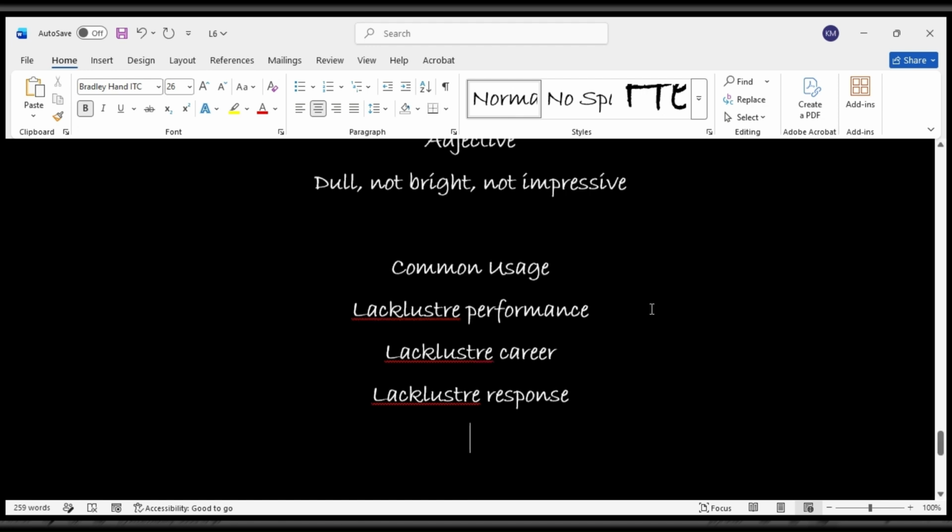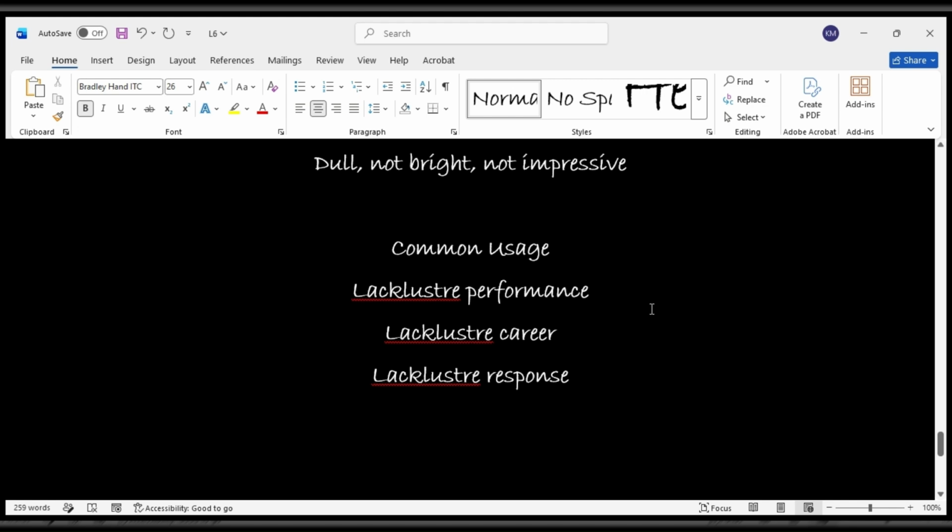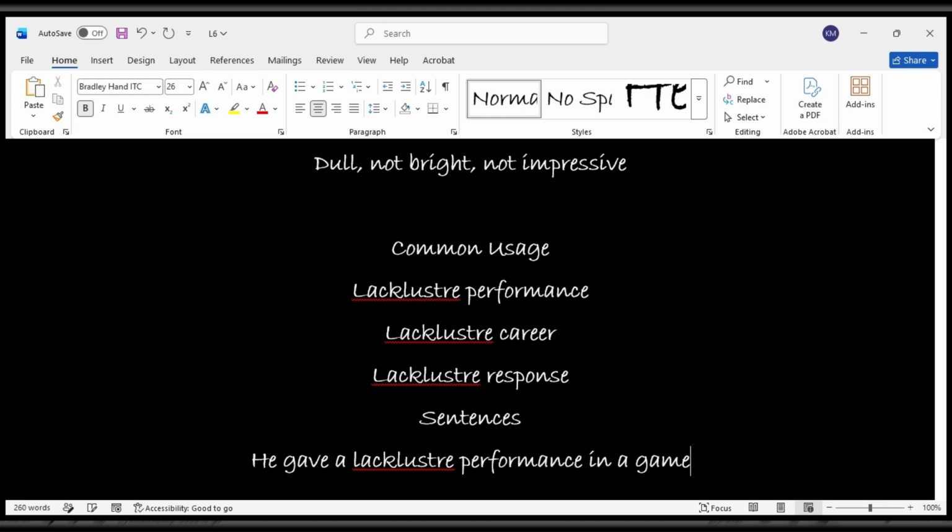Okay. If I use that in sentences, I will use it like: he gave a lackluster performance in a game. Okay.